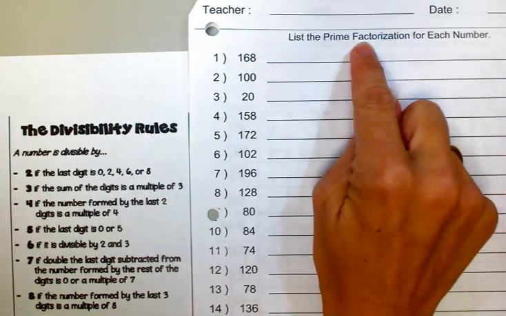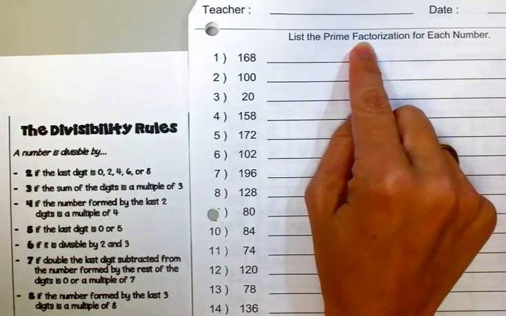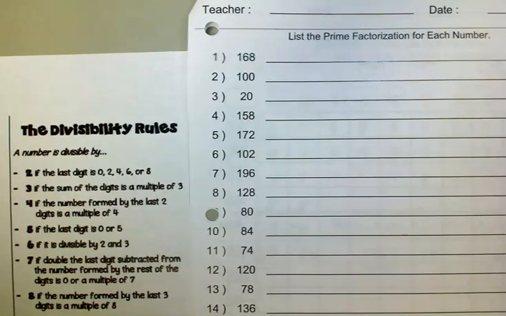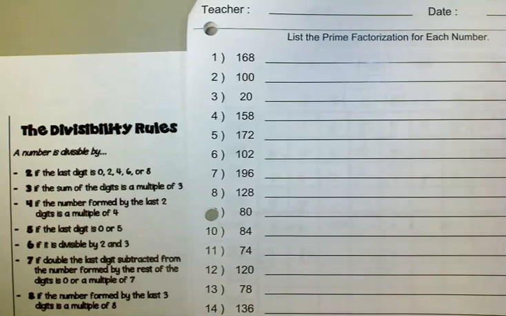Now, this particular task asks you to prime factor. And because of the way this sheet is structured, I'm going to go to the back and use it to help you get an idea of what they're asking.